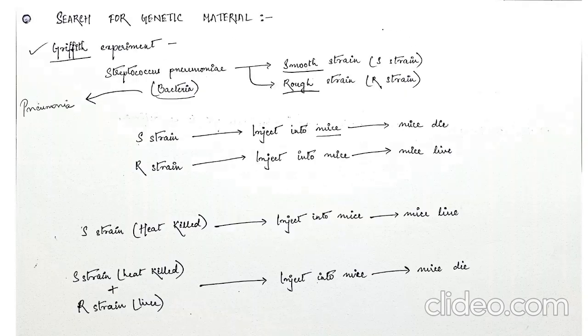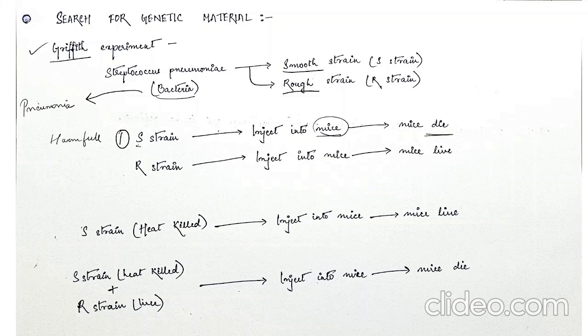Now, let us look at the experiments which Griffith carried out. In the first experiment, Griffith took the S strain, S for smooth strain. He injected them into the mice, and then he observed that the mice died. Quite naturally, we just saw that S strains were harmful. That's why this caused the mice to die.